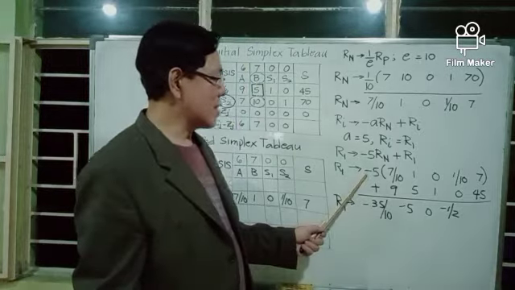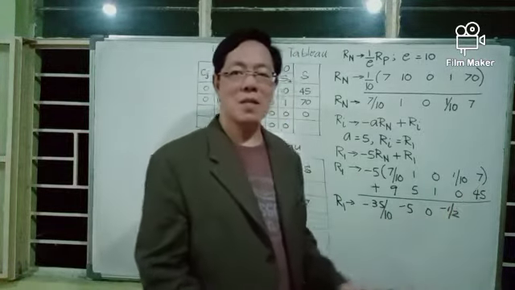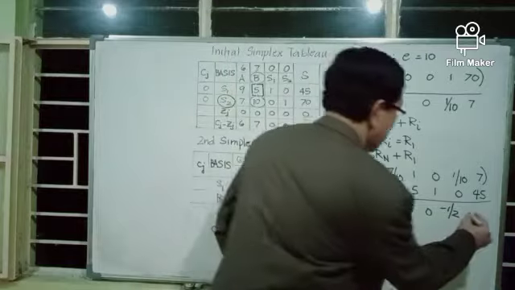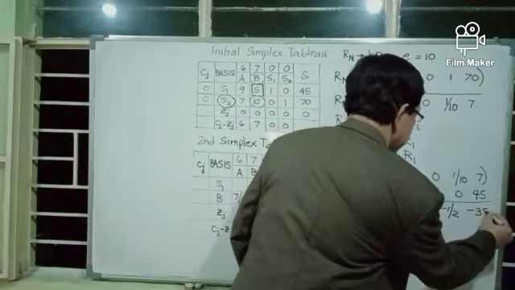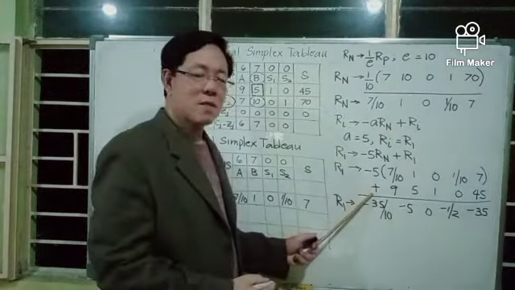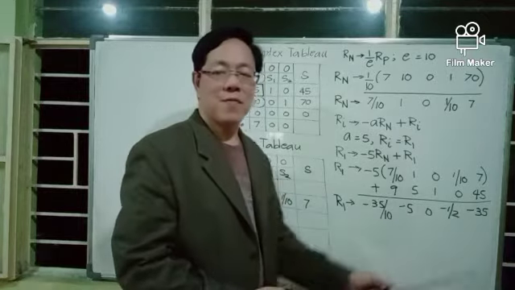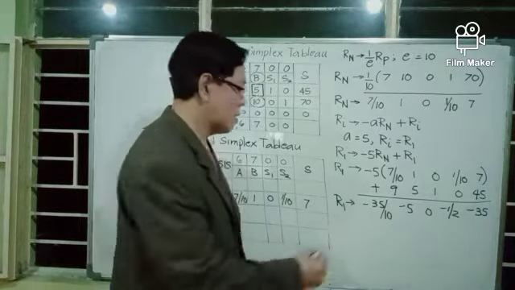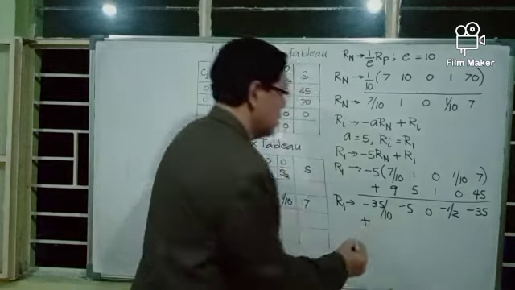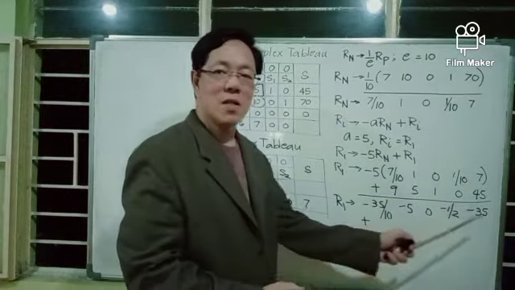And finally, negative 5 multiplied by 7 is negative 35. Plus the original entries of row 1: 9, 5, 1, 0, 45.